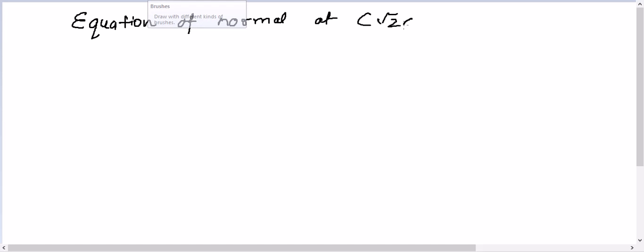So guys, before we start with the equation of normal, we need to find the slope of the line. You know that the product of slopes of perpendicular lines is -1. The tangent and normal are perpendicular to each other. So we had the slope of tangent as under root 2 b by a, and let the slope of normal be m1.